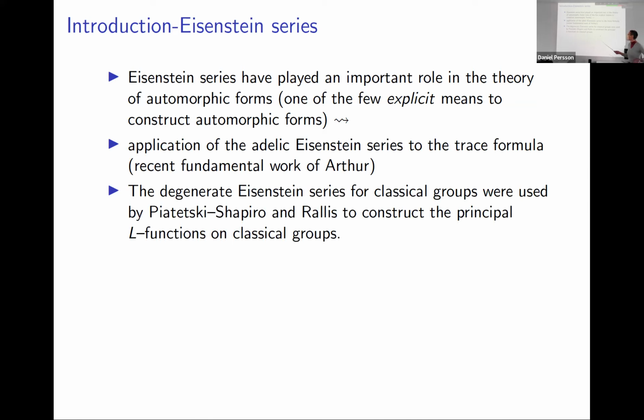And a little bit of the history here. Degenerate Eisenstein series were used by Piatetski-Shapiro and Rallis to construct the principal L-function for classical groups. Also, we can use global ones to deduce information on classical ones on GL(n,R), which I'm going to show you today. There's also one other application.